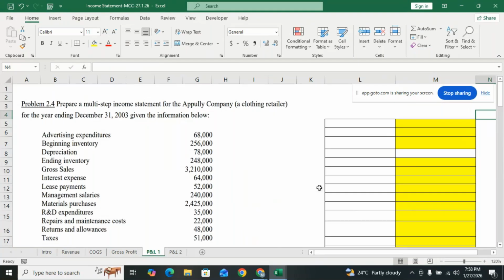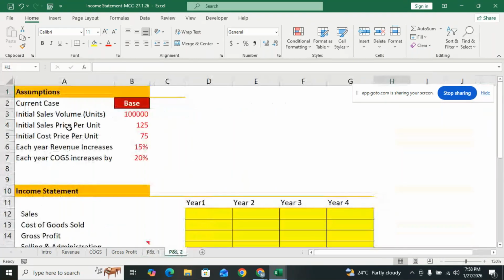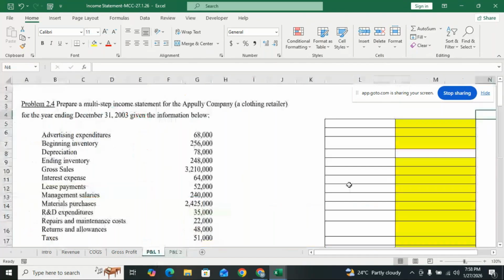If you work it out individually, it will help you work out your P&L too, and very important, it will help you solve your upcoming case studies in financial modeling, because this is your building block, a very important step to arrive at the profit after tax, the earnings available to the equity shareholders.